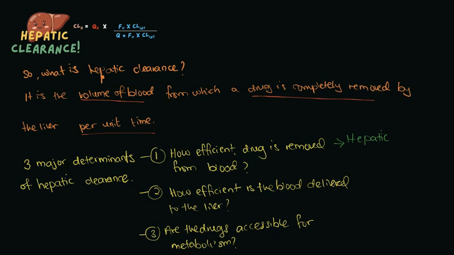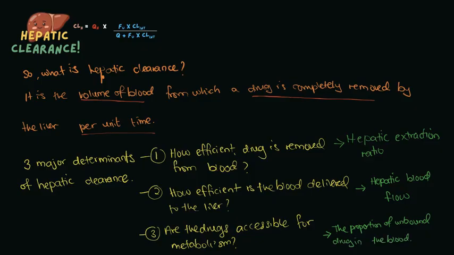So factor number one, the efficiency of drug removal from the blood, refers to the hepatic extraction ratio. Number two, the efficiency of blood delivered to the liver, refers to the hepatic blood flow. Number three, when we're talking about accessibility of the drug, we are talking about the proportion of unbound drug in the blood, which is not bound to albumin.